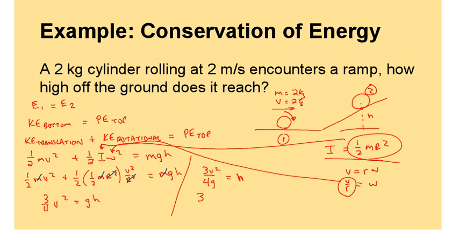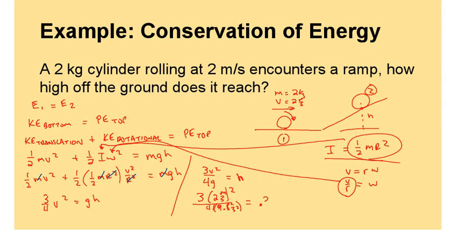That's not the interesting part, is it? The velocity was 2 meters per second. Squared down here, 4 times 9.8 meters per second squared. And we'll push some buttons here and get a number, but it's just a number. I got about 0.306.